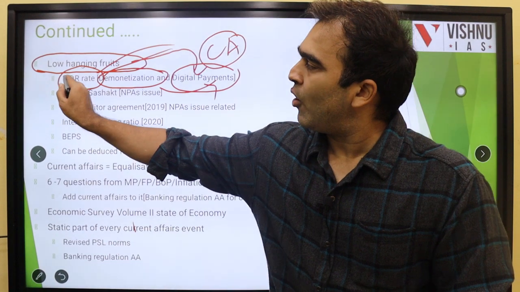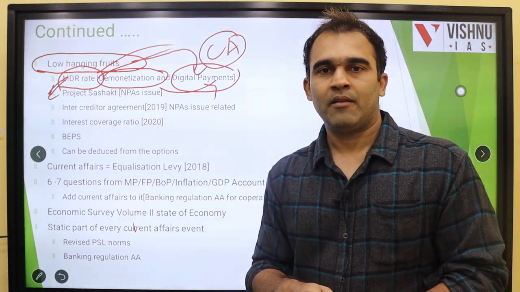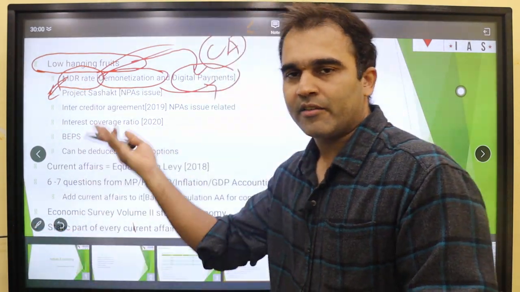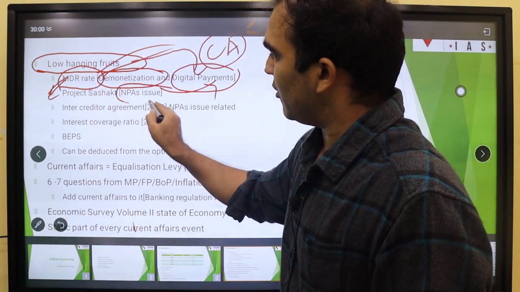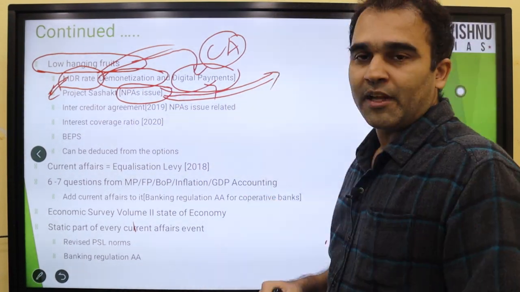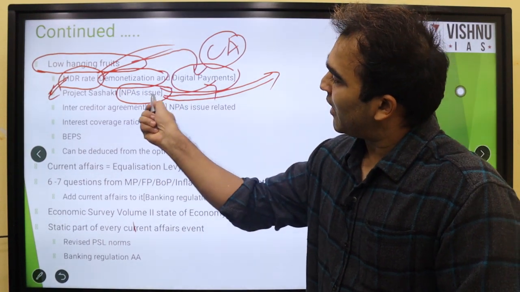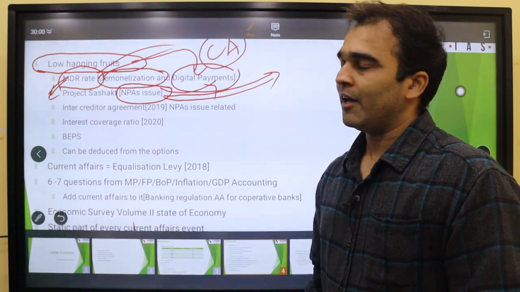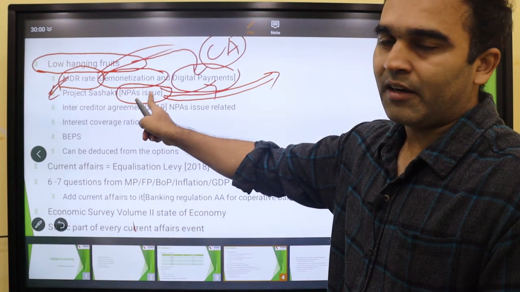So if you just rely on some static book which you buy in the market, nobody has covered it. Later on, yes, everyone reprints the book and says, see, we have included it. Likewise, NPA issues. The business section of a newspaper will not be without at least one single article on NPA issues, which is always in news current affairs.